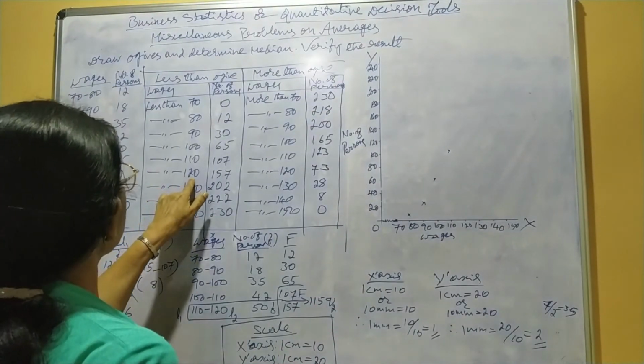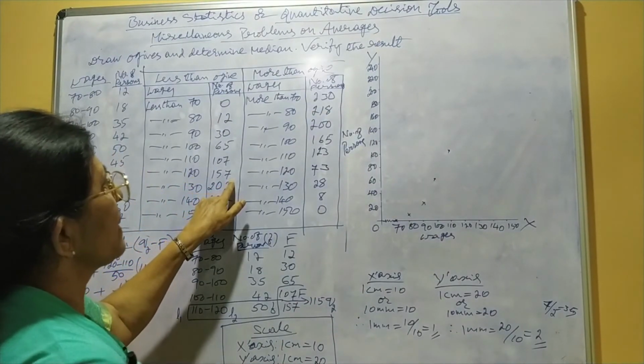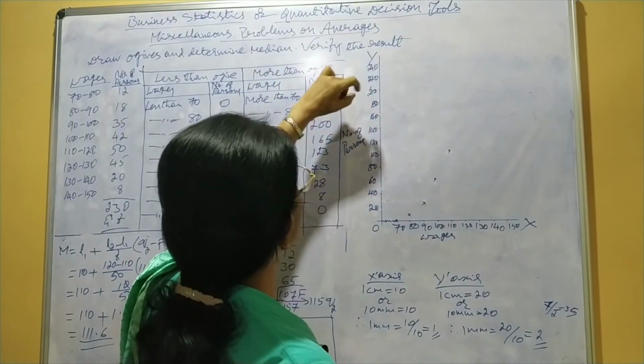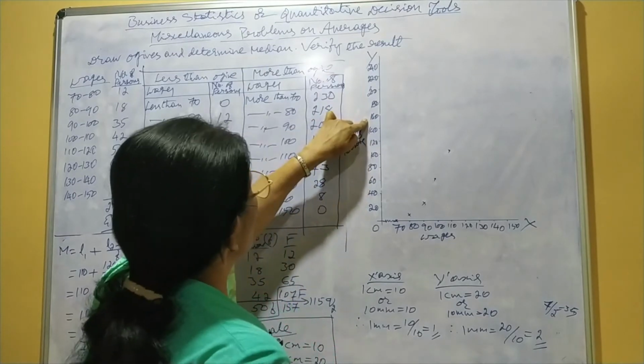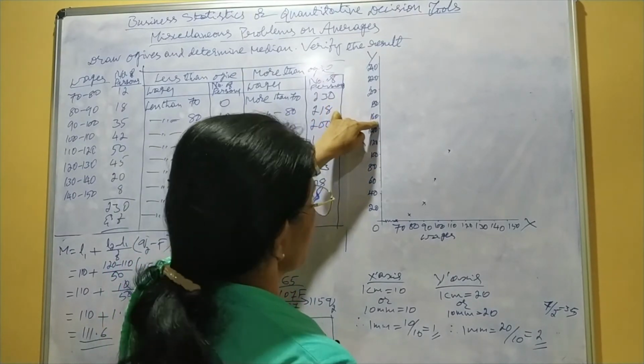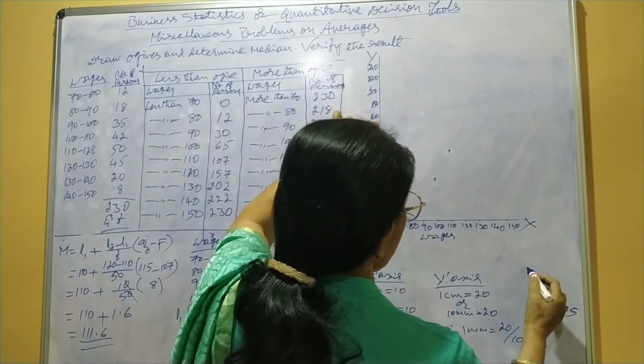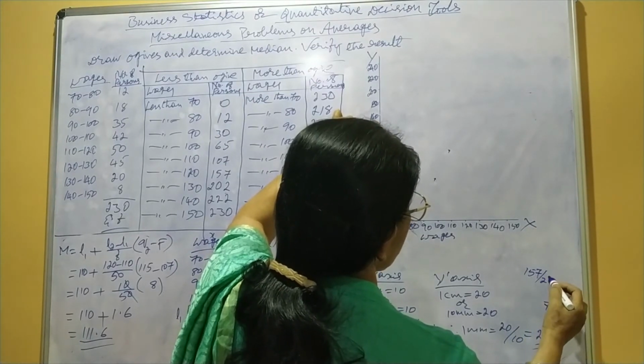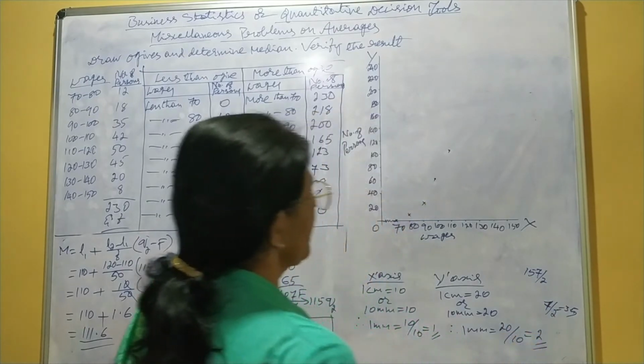Next one, less than 120, 157. Here it is 140, here it is 160, isn't it? 157 divided by 2, there it may be confusing.